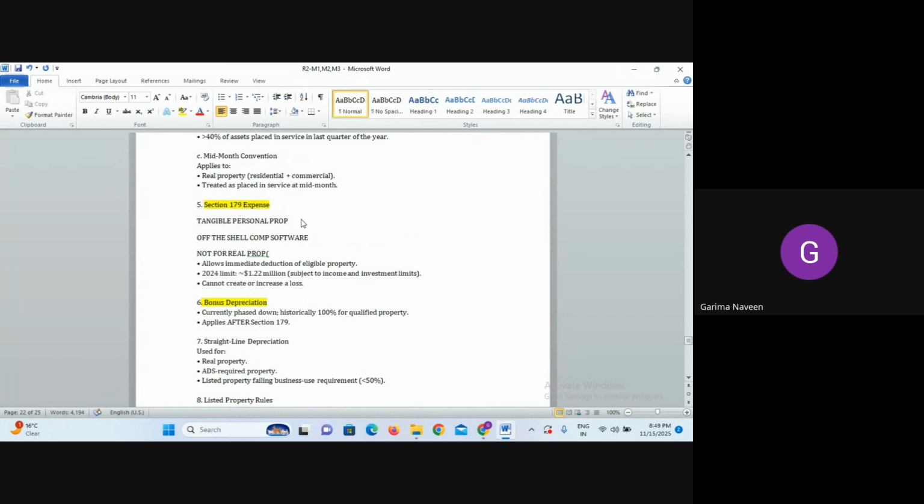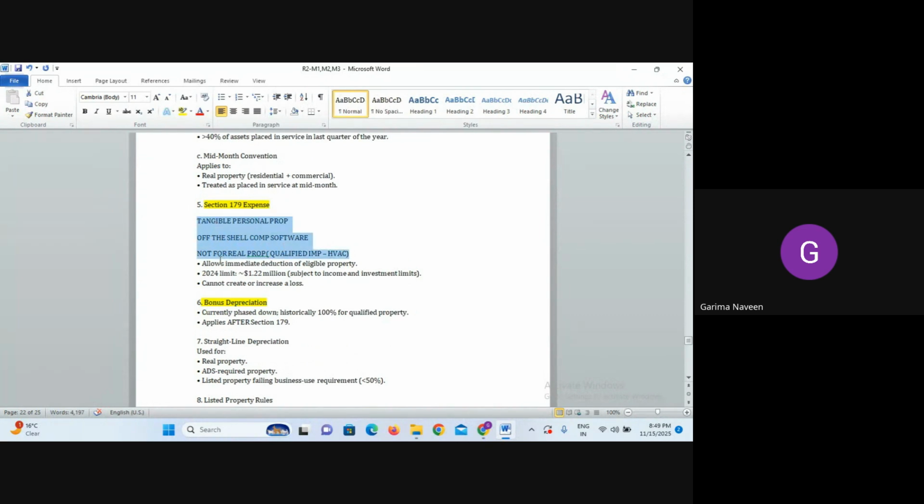But for real properties, one exemption is there: if you have made certain qualified improvement related to a property, which is HVAC, heating, ventilation, or air conditioning, any fire protection, any alarm system, then you can deduct these expenses for this improvement under section 179 expenses.